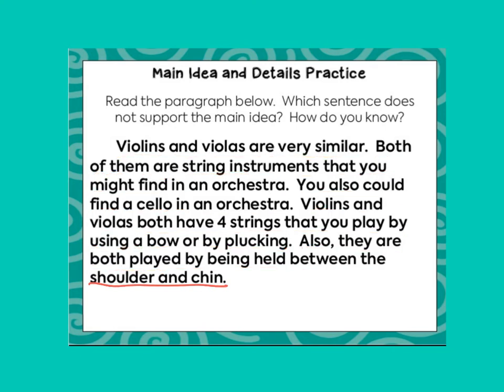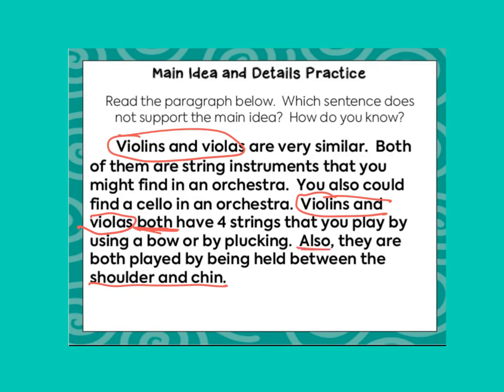Now that you've had some time to think about this paragraph and what the topic would be and the main idea, so I heard these words, violins and violas. Violins, here it is again, violins and violas. The word both tells me that it's about both of them.